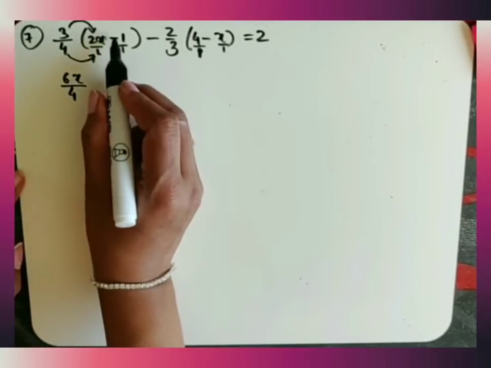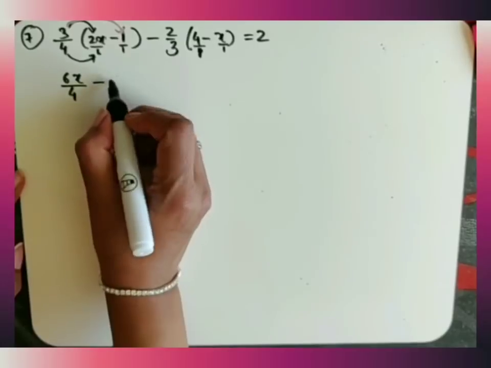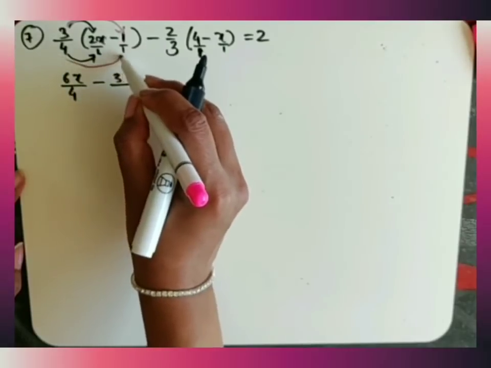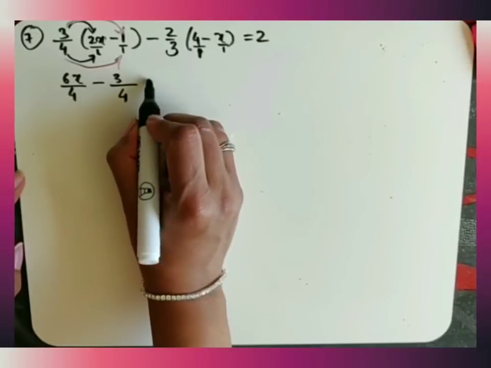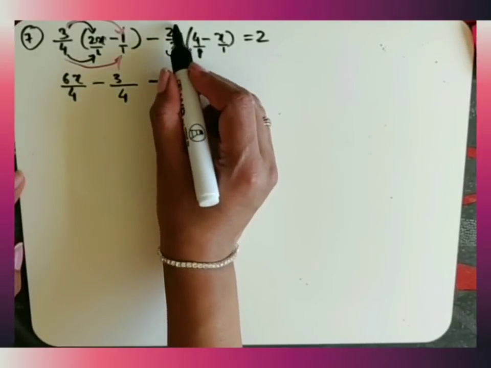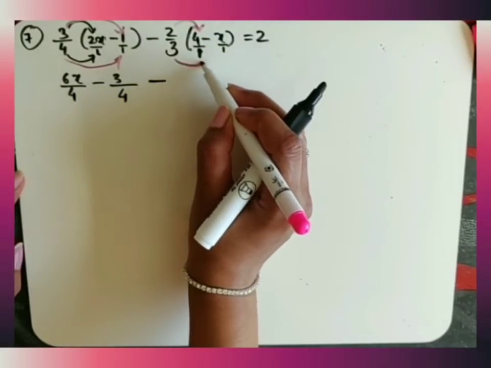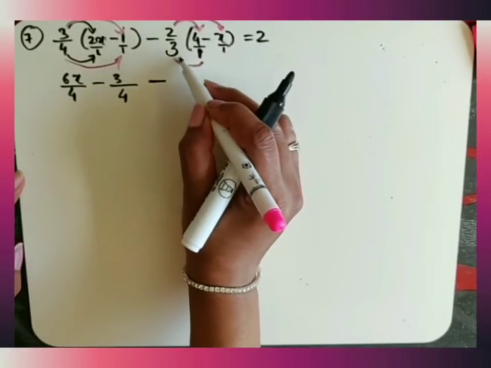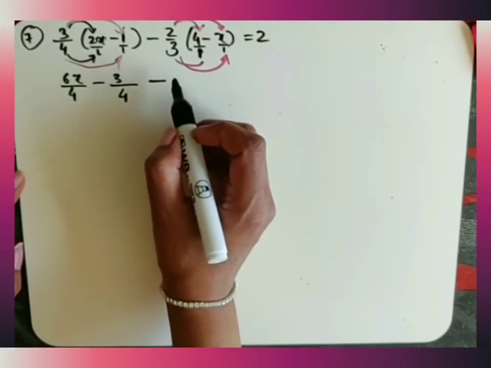Now again give this minus sign and multiply this 3 by this 1, that will give you 3, over this 4 multiplied by 1, that will give you 4. Here done. Now minus, here 2 multiply by 4 and 3 multiply by 1, and again 2 multiply by x and 3 multiply by 1. And be careful with the signs.